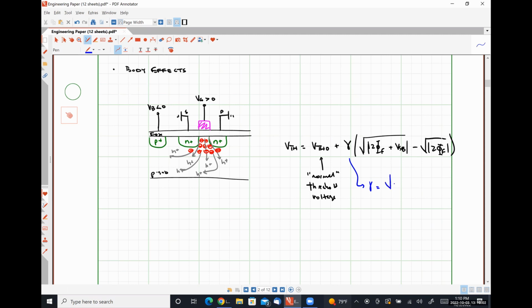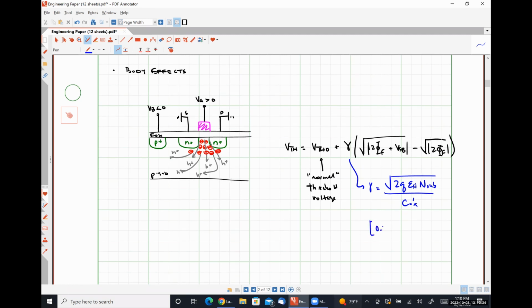It is equal to the square root of 2q epsilon Si times our substrate doping level over our oxide capacitance per unit area, and typically ranges from 0.3 square root of volts to 0.4 square root of volts.